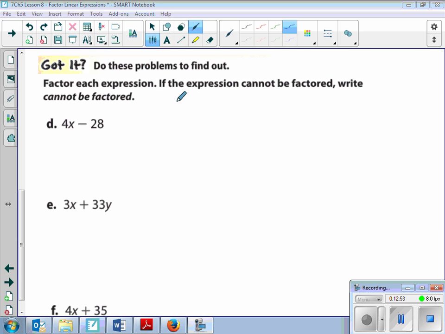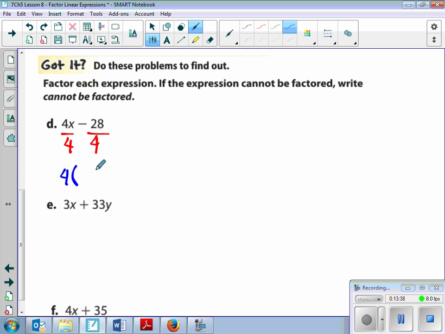So here it says factor each expression. If the expression cannot be factored, write that it cannot be factored. Now, the first thing we're going to ask ourselves is, what can I divide out of the 4x and the 28 evenly? I can do better than 2. 4, right? So we're going to divide both terms by 4. That number that we're dividing by goes on the outside of the parentheses, and what's left after we divide stays inside the parentheses.